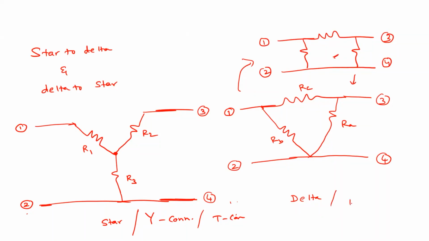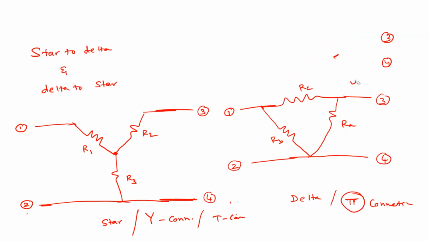It is also known as pi connection: delta connection or pi connection; star connection, Y connection or T connection. Clear? Could you repeat the terms, sir? Delta and pi. Pi connection. Here I have written. It's clear? Yes, sir, clear.